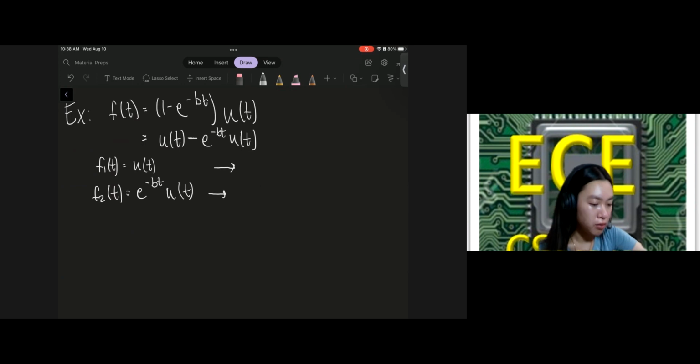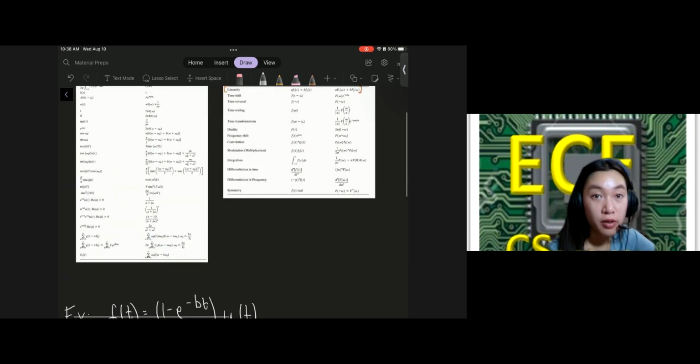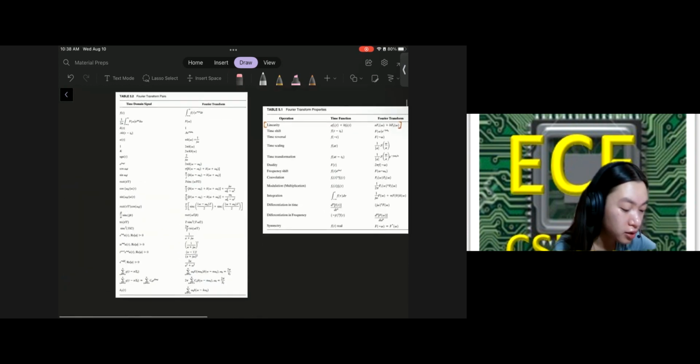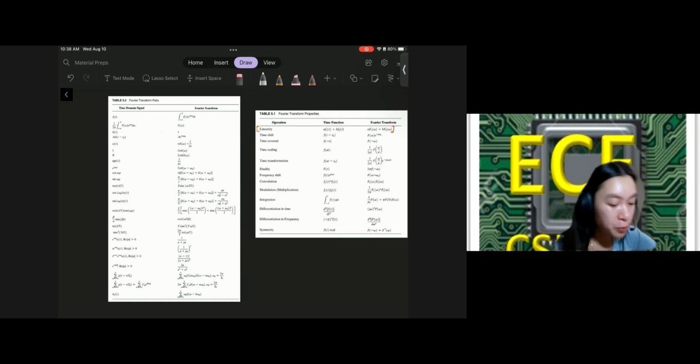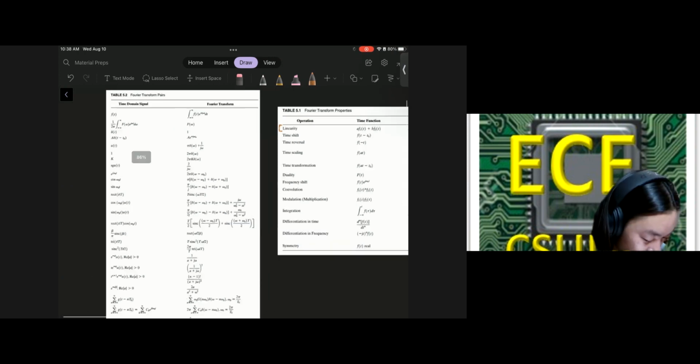F1 of omega equals, so I have u of t. I don't want to do the integral, so I'm going to check this table to see if it's on the table. Okay, here it is.